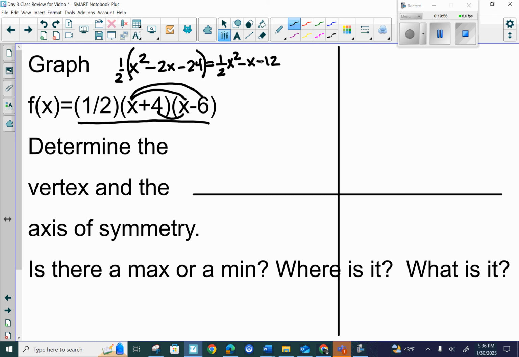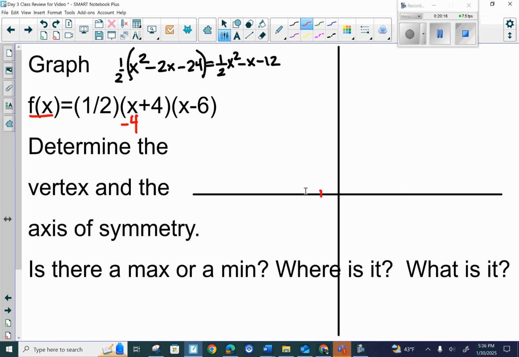So I'm asked to graph this. I look at this and I say, what would make f of x equals 0, what would I put in for x to make the output 0? And the answer would be, I'd have to put in -4 for x.